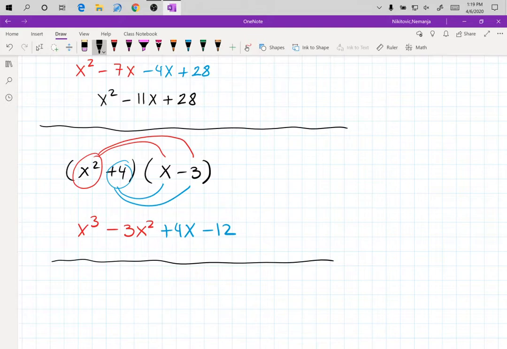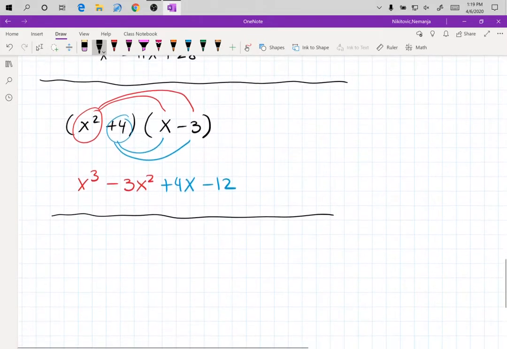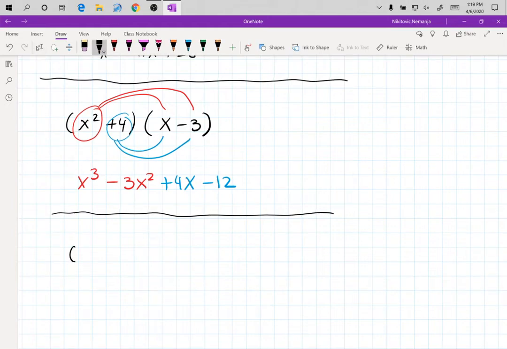All right, let's work on one that has more than 2 terms inside. So x minus 2 and x squared plus 4x minus, let's say, 3. So when you have this situation, you will be multiplying everything.